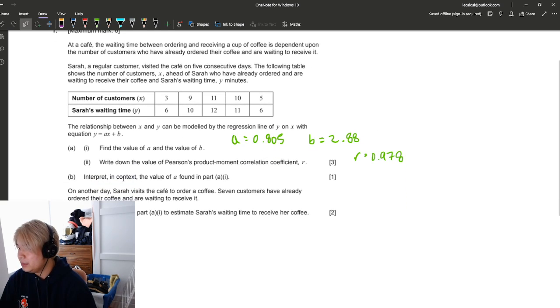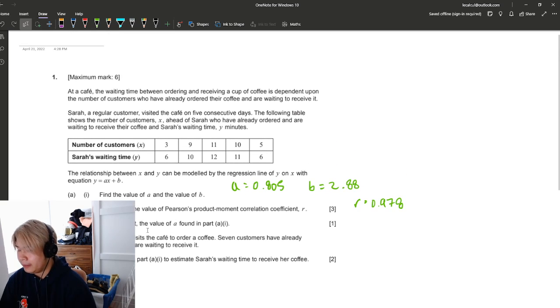Okay, interpret in context the value of A for part AI. If you look at the format of the equation, y equals ax plus b, this A value is essentially our gradient or slope.